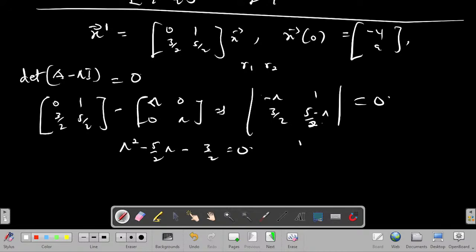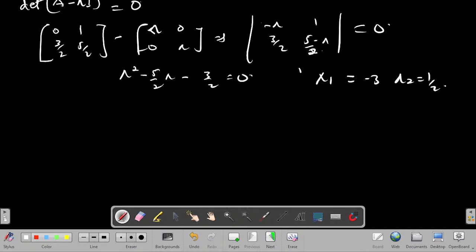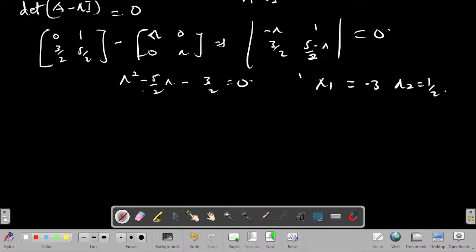So simply punch this into the calculator and let's see. We're getting eigenvalue 1 equal to negative 3, eigenvalue 2 equal to half, right? So once you get your eigenvalues, then you are going to have the corresponding eigenvectors calculated. Okay. So for eigenvalue 1, which is negative 3, what will be the corresponding eigenvector, right?